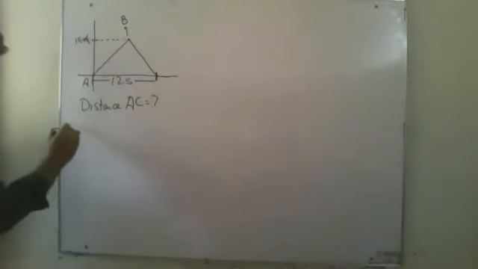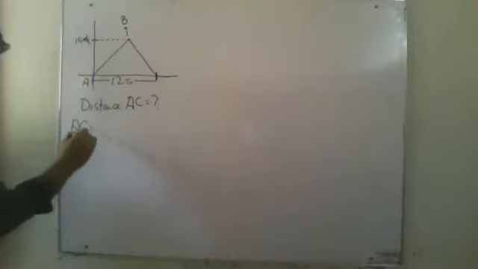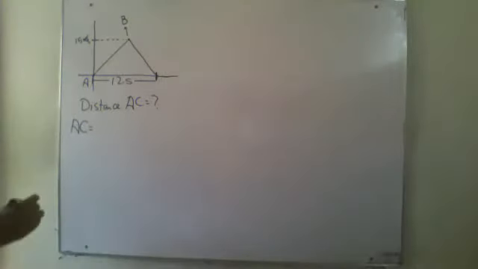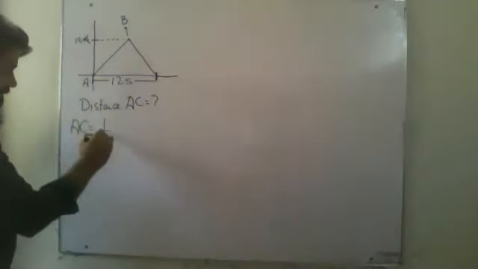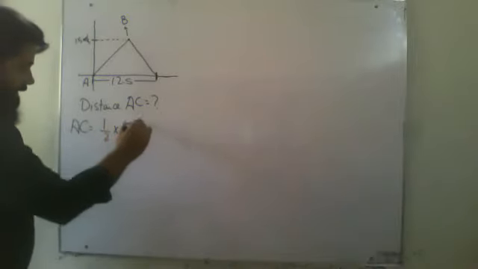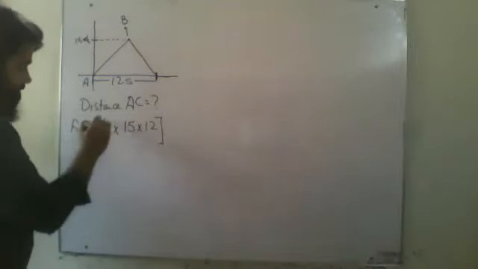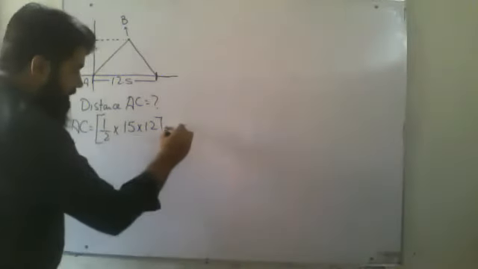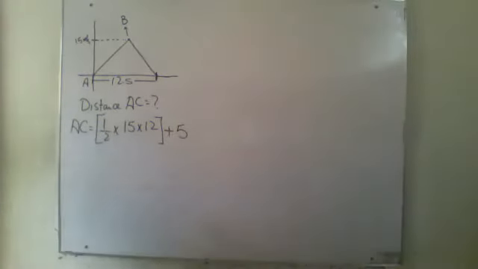First of all, AC distance will be equal to half into 15 into 12 plus 5. Why plus 5?